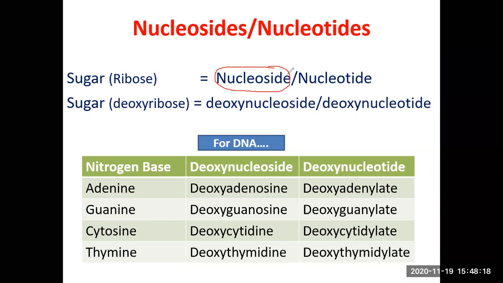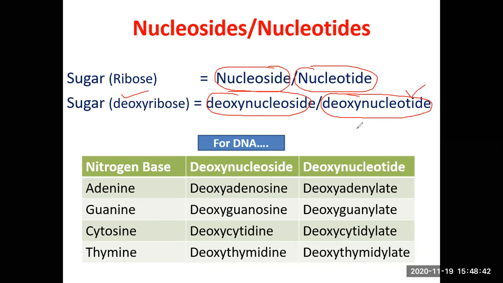And when the nucleoside combines with phosphate, the resulting compound is called a nucleotide. But when the sugar is deoxyribose, then when it combines with base, the resulting compound is called deoxynucleoside. And when deoxynucleoside combines with phosphate, the resulting compound is called deoxynucleotide. So in DNA, we have deoxynucleotides, whereas in RNA, we have nucleotides.